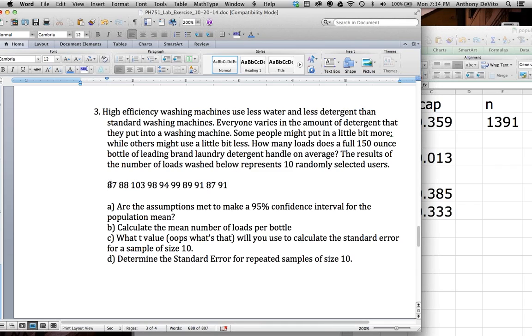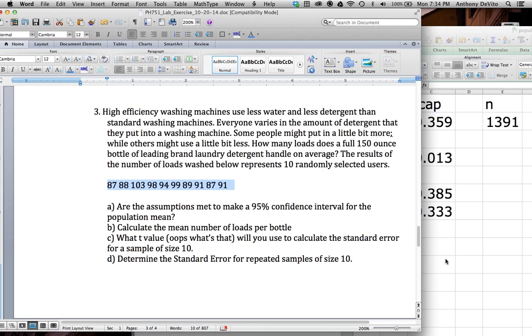In other words, these numbers, since they're random, are going to reflect the spread of numbers in the population's use of this detergent. So I can actually use the standard deviation of this sample to represent the standard deviation for the entire population.